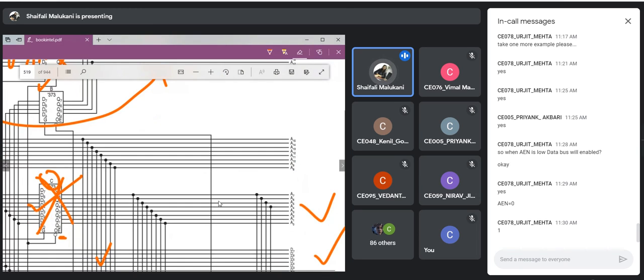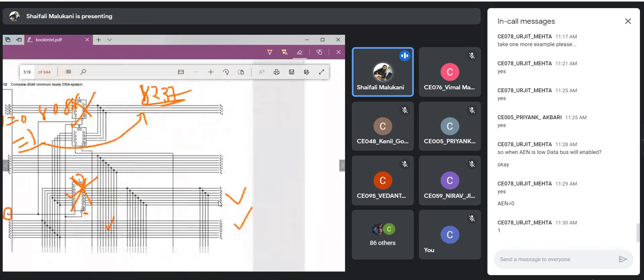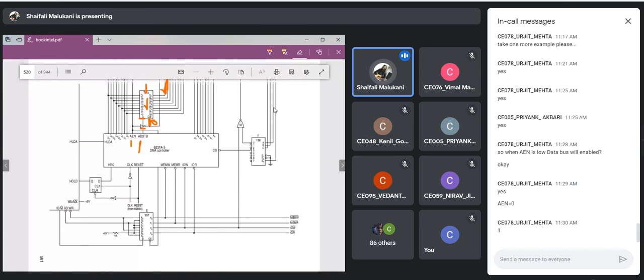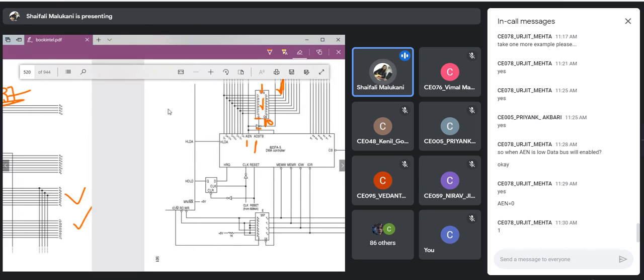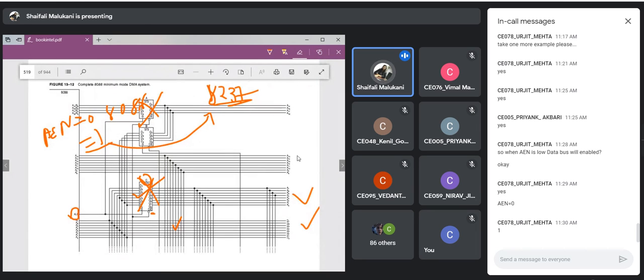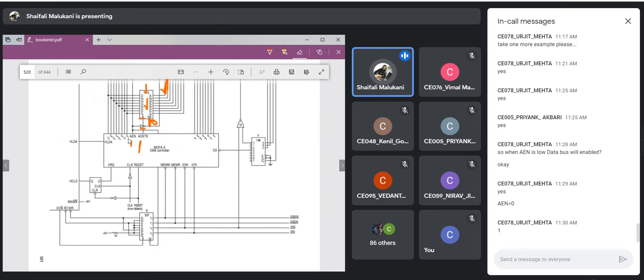So what happened again? I'm telling you what happened. My AEN became 1, that's why this got enabled. My address stop became 1, that's why this latch is enabled. So whatever was input was latched in the output, and that output is connected with A8 to A15. What was the input? Input was D0 to D7.